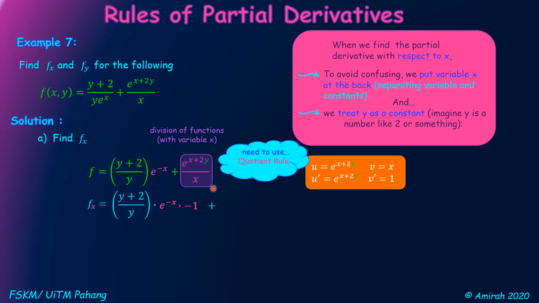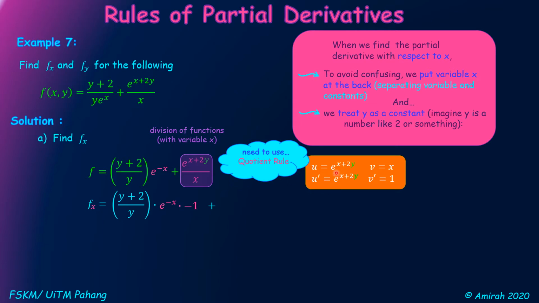When we differentiate using the quotient rule, we need to identify u and v. U equals the function in the numerator, and v equals the function in the denominator. After that, we differentiate u with respect to x, so we have u prime.